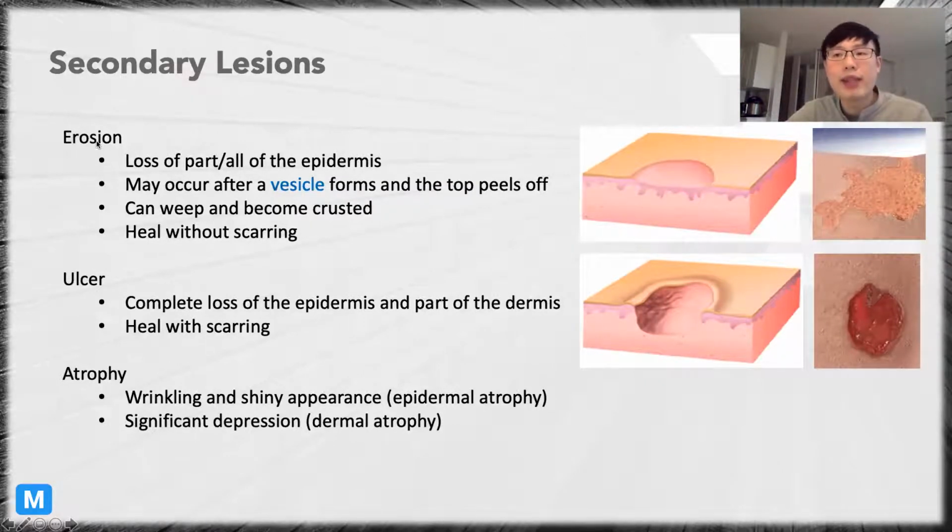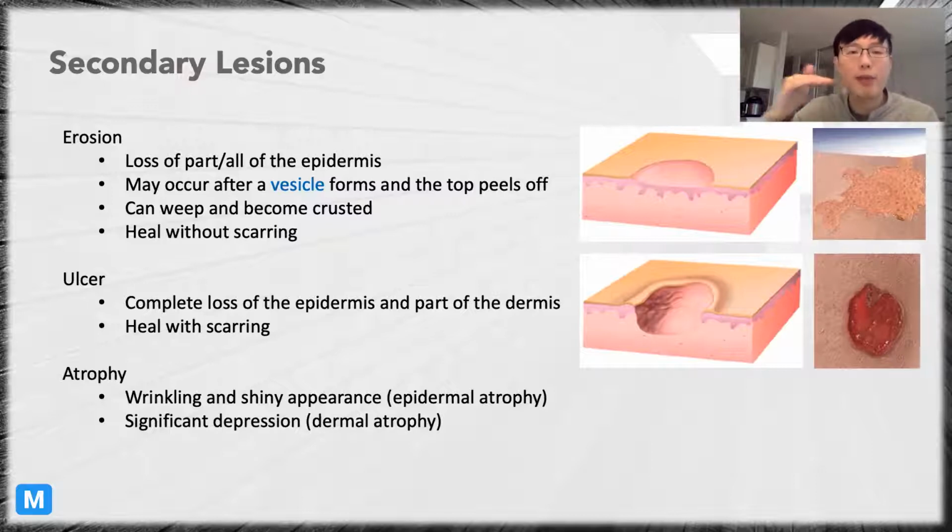The last one that's not commonly discussed in medical school is atrophy. On examination, you're going to see wrinkling and a shiny appearance, and that means more of an epidermal atrophy. If the atrophy is deeper, in the dermis, you can have significant depression without the superficial epidermal change.